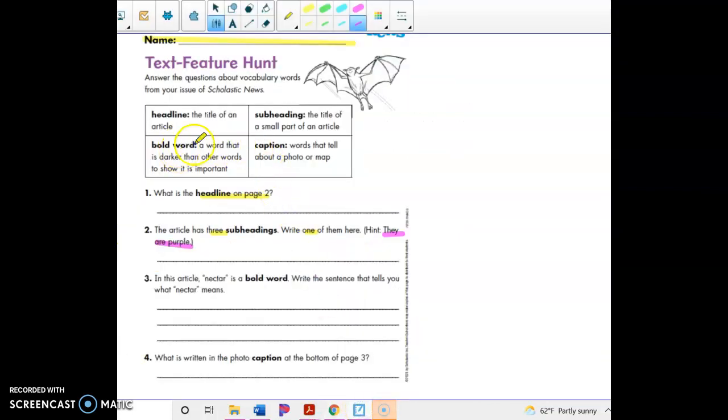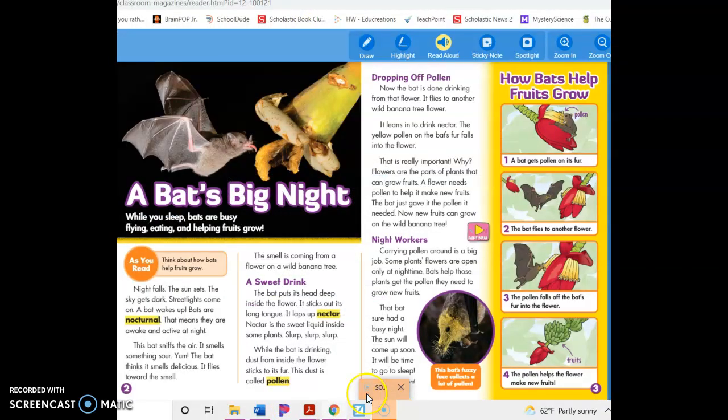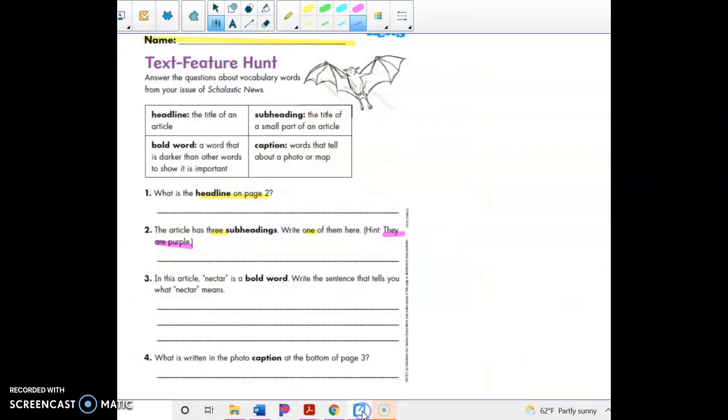A subheading is the title of a small part of an article. So there are 3 subheadings. You are to write one of them on this line. Again, correct spelling is expected.